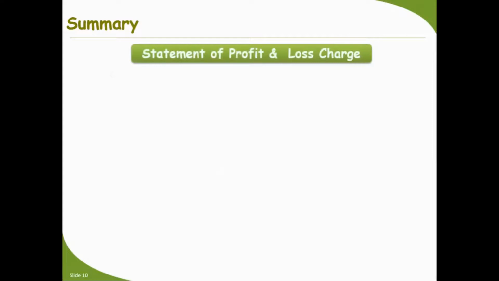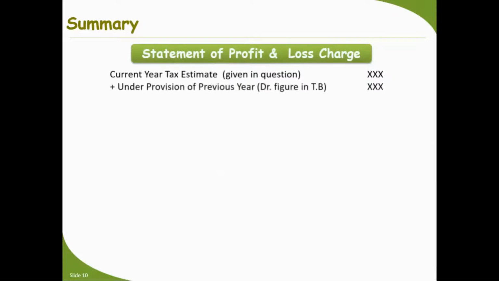In the statement of profit and loss charge, the current year tax estimate is mostly given in the question, but there is a possibility that you will multiply PBT by the tax rate. Then if there is under provision from the previous time period, it would be on the debit side in your trial balance, and you will add it. If it is over provision, you will subtract it.